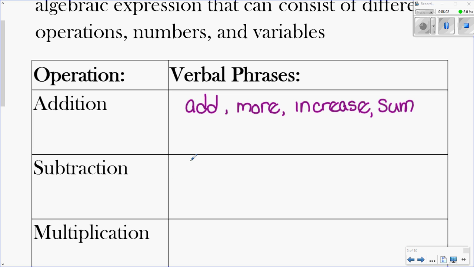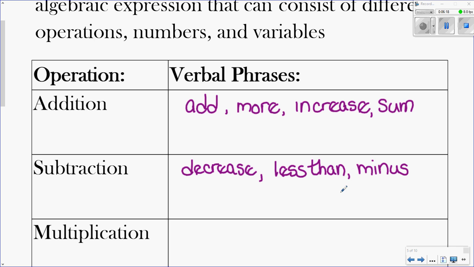Subtraction, you'll see words like decrease, less than, or minus, which is a common one, and of course the word subtract.